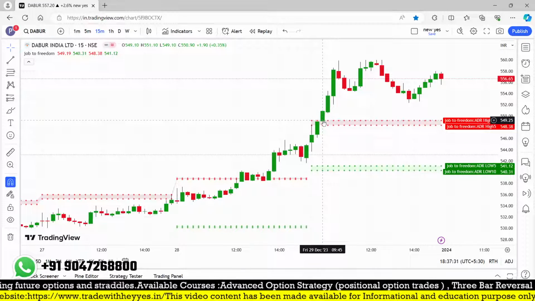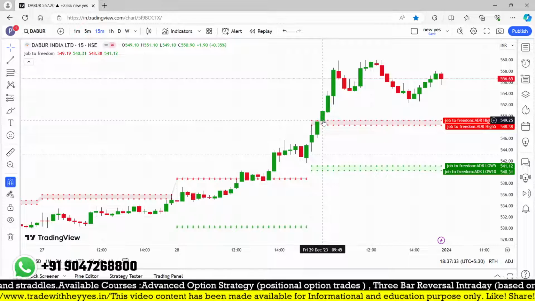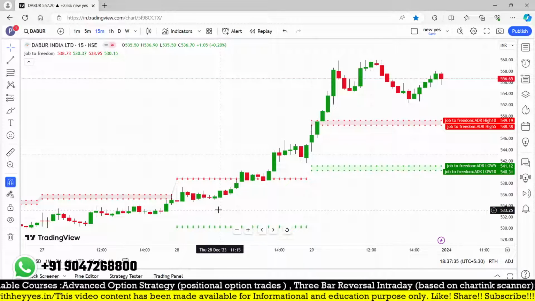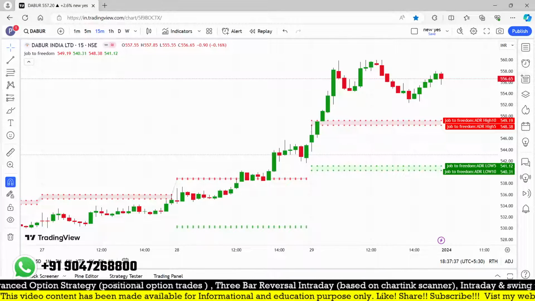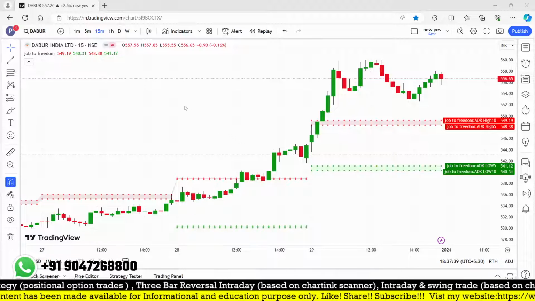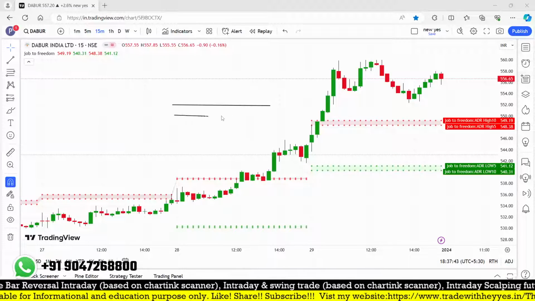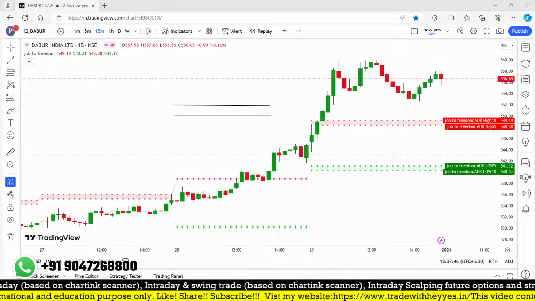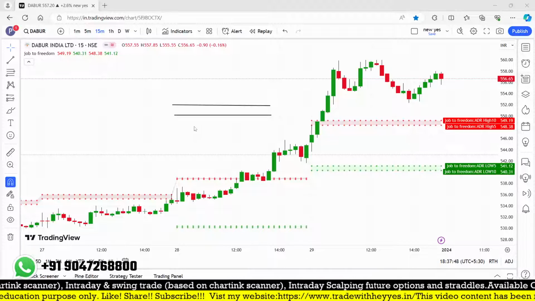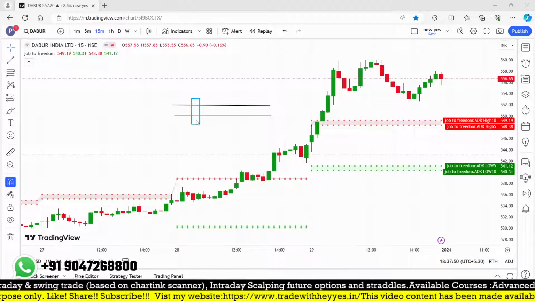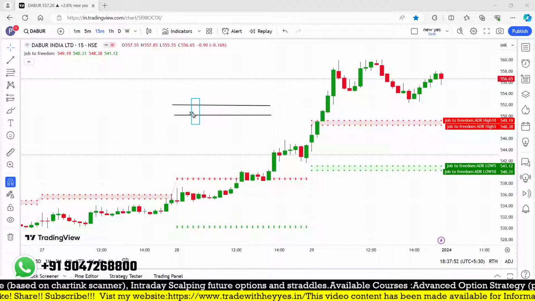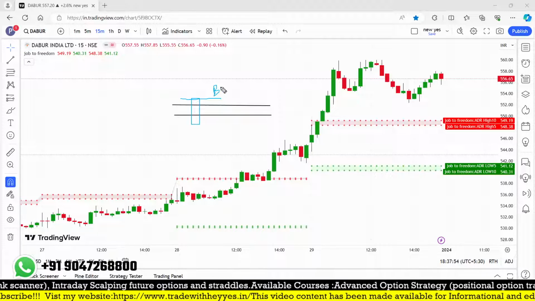But for ADR 10, only the third candle closed above it. So based on my strategy, I'm looking for a close above the ADR, any of the two ADR levels, whichever is higher. If the stock closes above that level, that is exactly what I am looking for. This is the breakout.